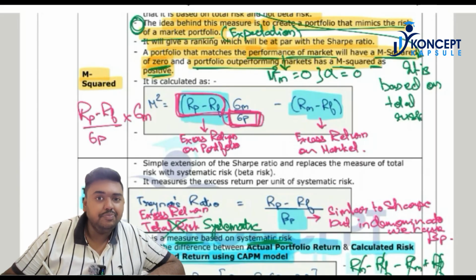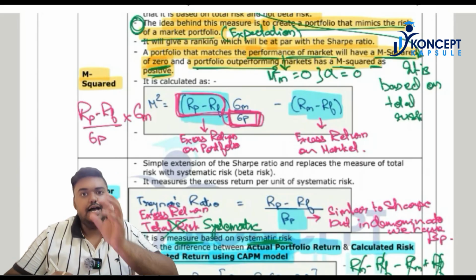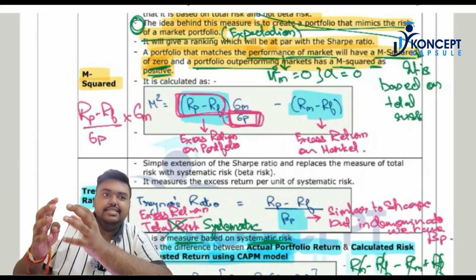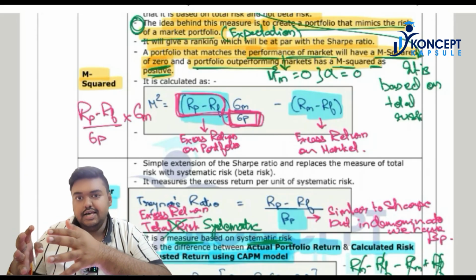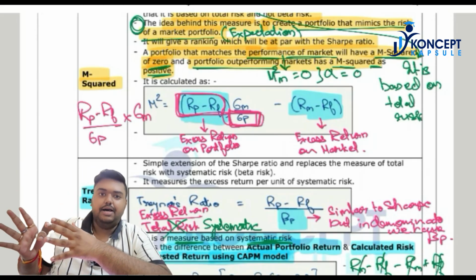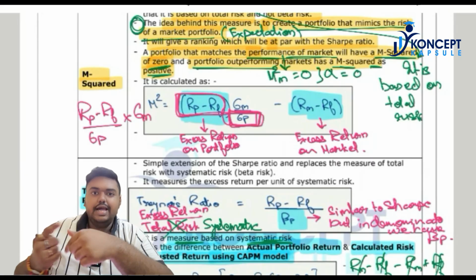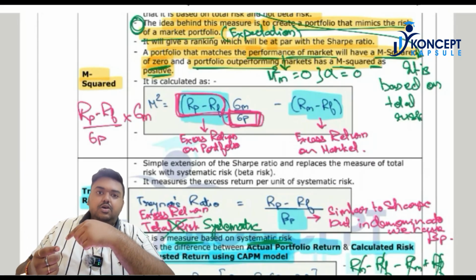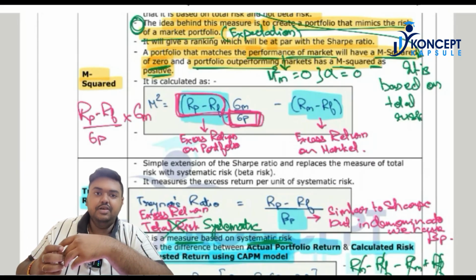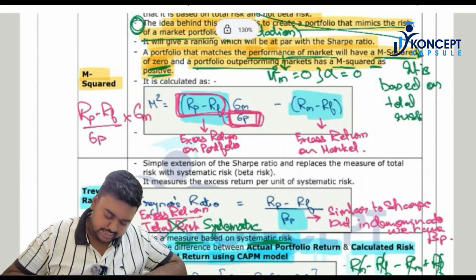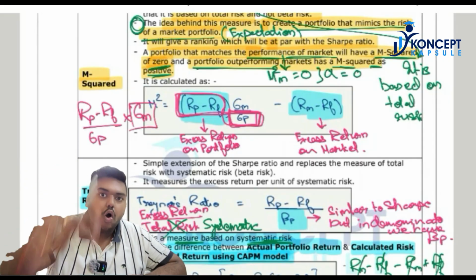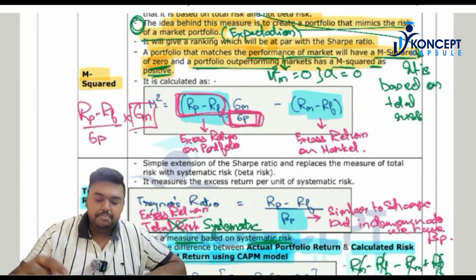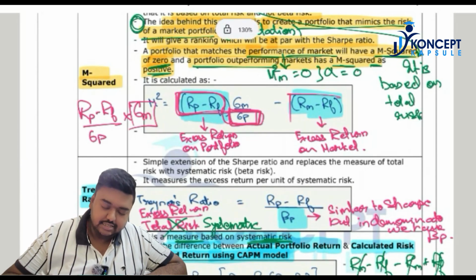What does it mean? It means that what is the excess return that I am getting per unit of my portfolio risk, and then I'm multiplying it with the market risk in order to get that if my portfolio had taken the market risk, what would be the excess return that I would have got, minus what is the excess return from the market.